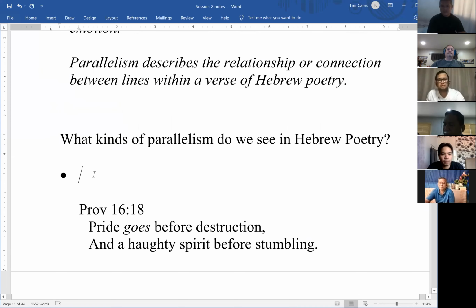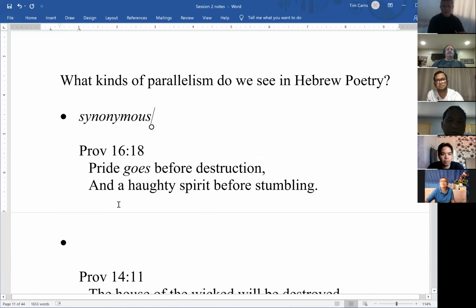Synonymous, right? And here's an example. Notice: pride goes before destruction and a haughty spirit before stumbling. So notice the pride, haughty spirit. Goes, destruction, before. Destruction, stumbling. We'll just do that one in blue.